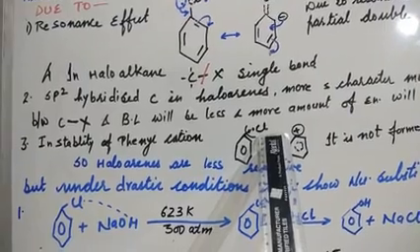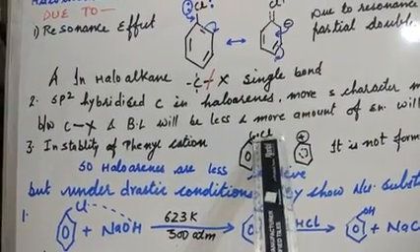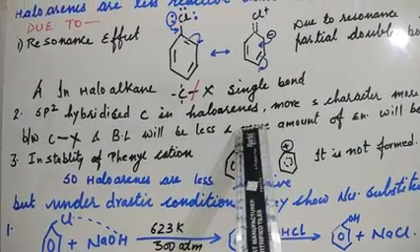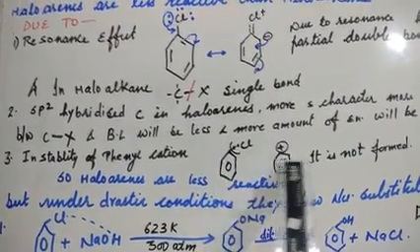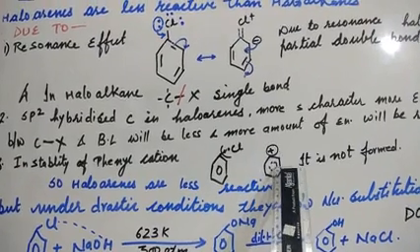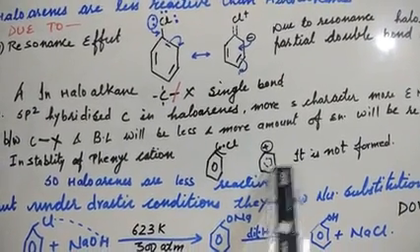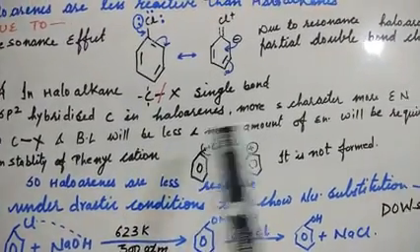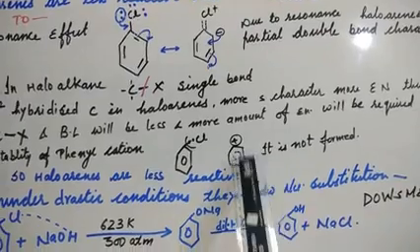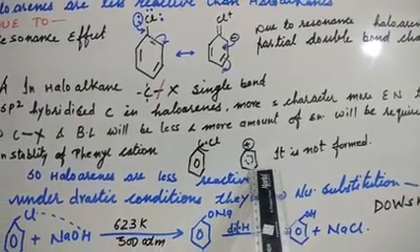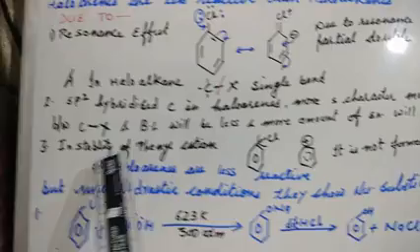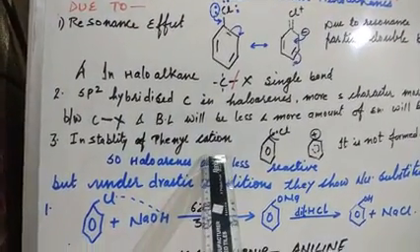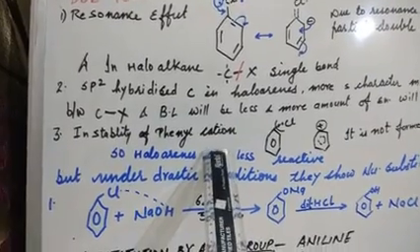If cleavage takes place, heterolytic cleavage will take place, this shared pair of electrons will move with X, and this type of cleavage develops a positive charge on the benzene ring. So this is called phenyl cation. It is not formed, बनता ही नहीं है. So again we can say that because of the instability of phenyl cation, the reactivity of haloarenes is less.